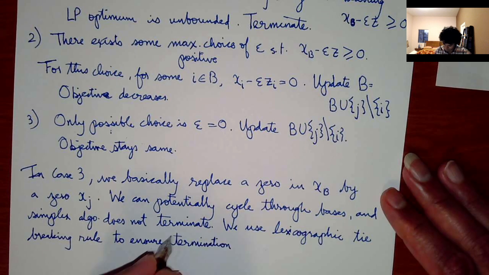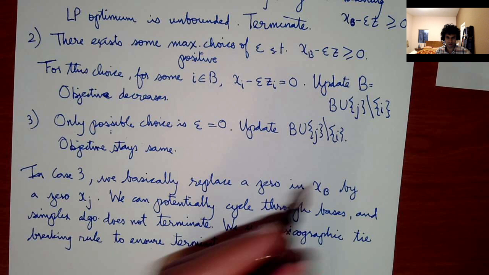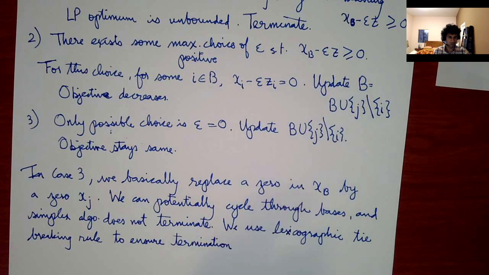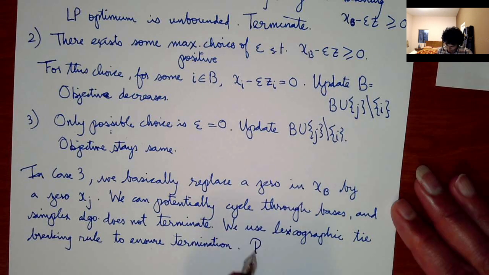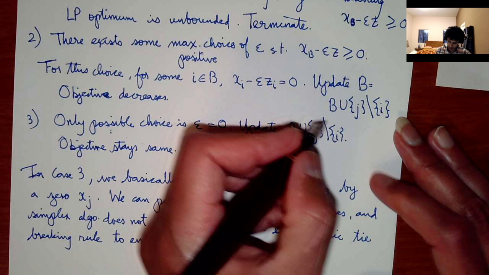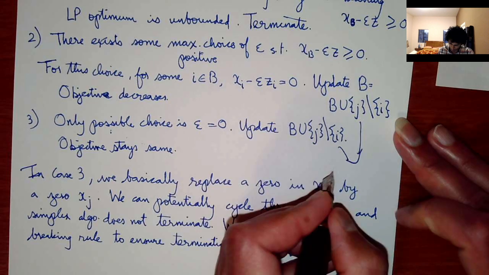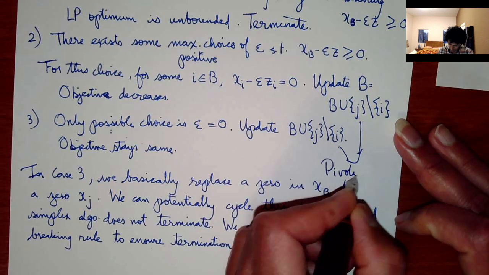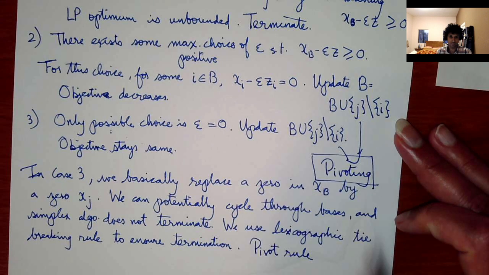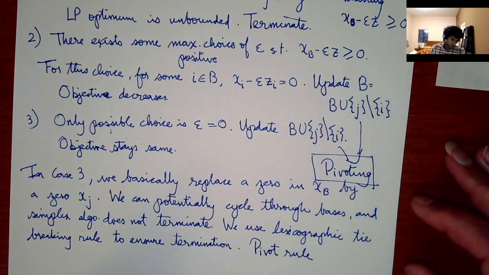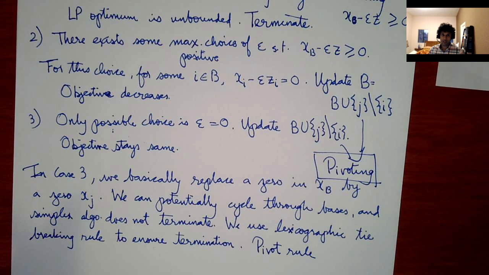So you can basically, in some sense, order the coordinates in such a way that you'll never come back. And this is often called a pivot rule. And this switching over here, this is called pivoting. And so this is basically the simplex algorithm.